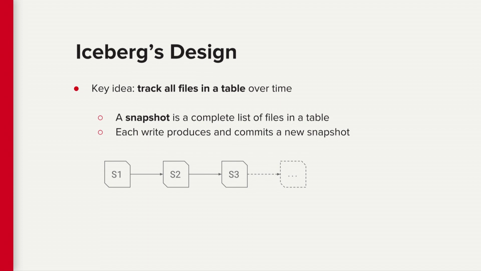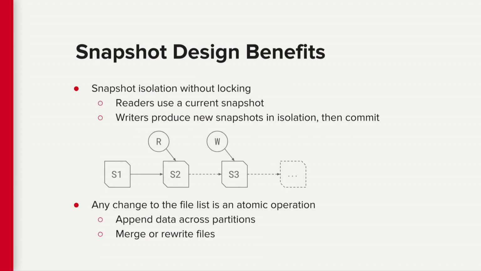And that's really cool because we get this other property, which is snapshot isolation, which is why we call them snapshots. So here, I've got this transition. I've got snapshot 1 that no one cares about anymore because the current state of the table is snapshot 2. I have a reader come, start looking at snapshot 2. Since that's the current state of the table, that reader goes and grabs that location and gets that file listing and starts reading with a complete and consistent picture of the table.